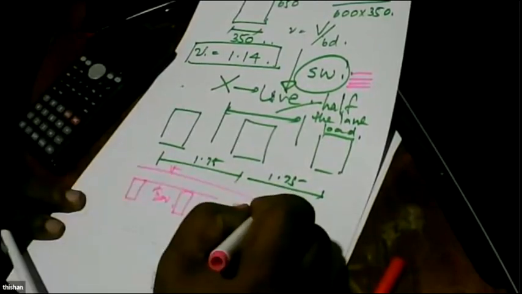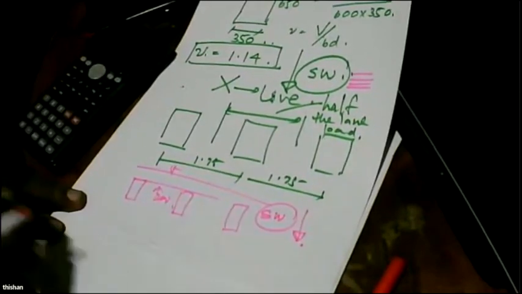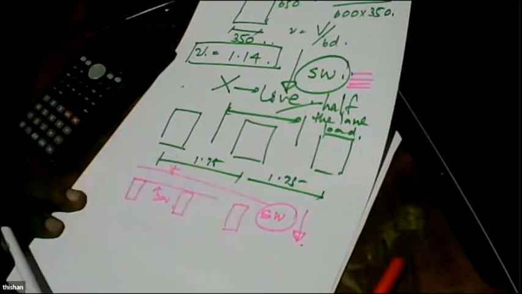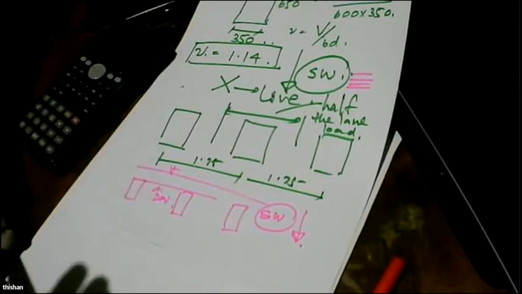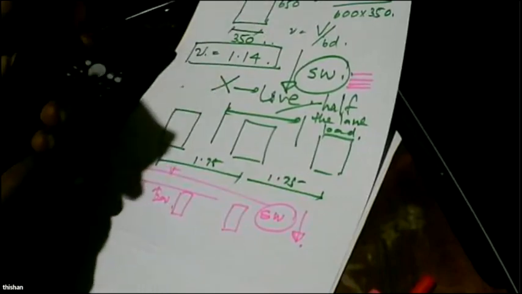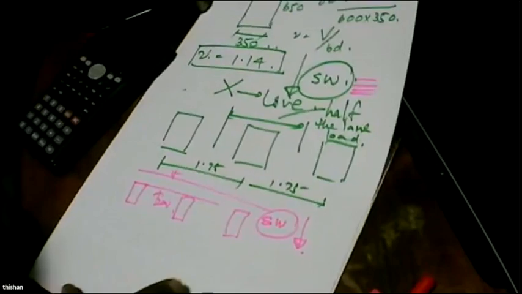So the self-weight becomes as low as possible. We cannot do anything about the live load because it has already been specified. Because of this, we will end up with a fairly strong bridge, but the weight is as low as possible. So that is the philosophy behind this very cost-effective precast reinforced concrete beam slab bridge, right?